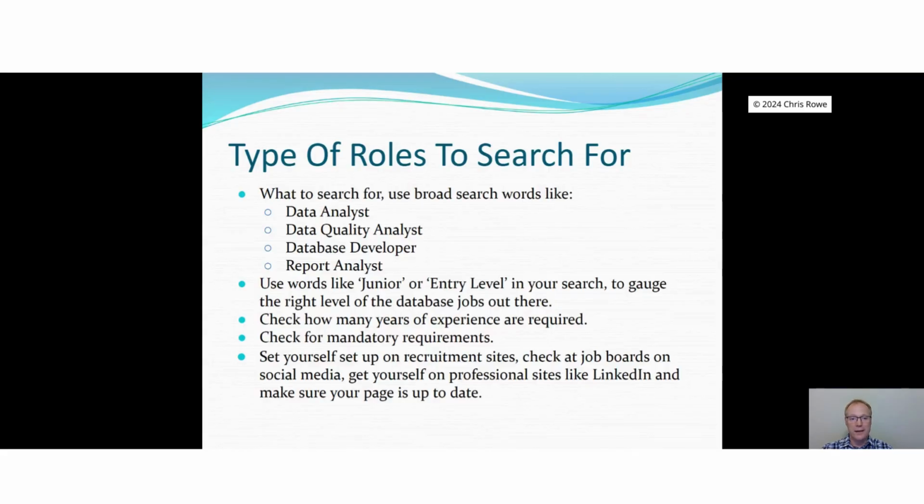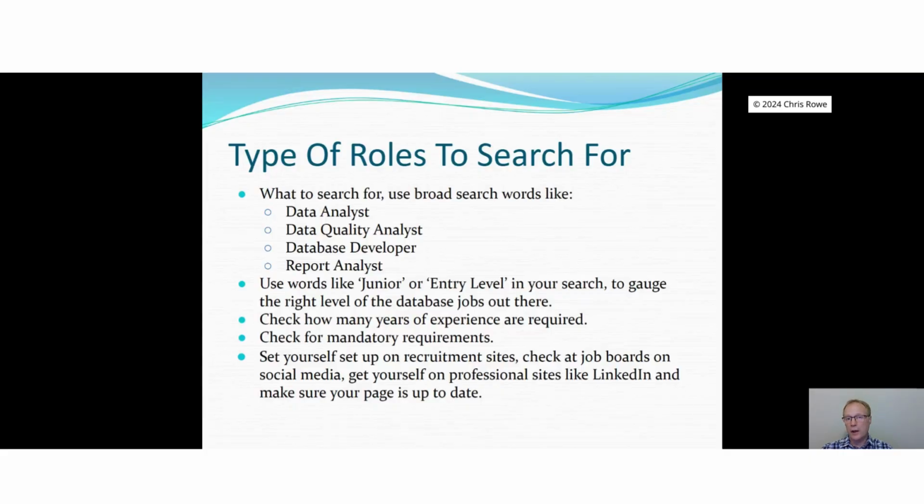Things like Data Analyst, Data Quality Analyst, Database Developer, and even Report Analyst are all good things to get you going with. Now you could find a variety of other jobs with different permutations of these sort of job searches.